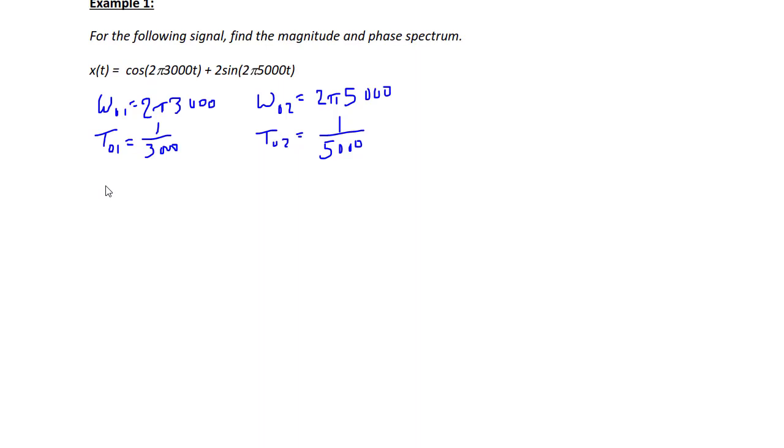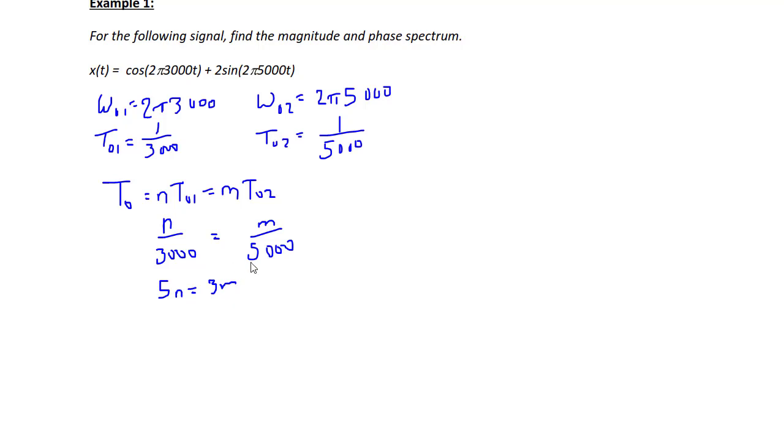So now we want to find the fundamental period between these two terms. We know that T naught must equal n times T naught 1, which equals m times T naught 2. So we have n over 3000 equals m over 5000, or we can write this as 5n equals 3m.